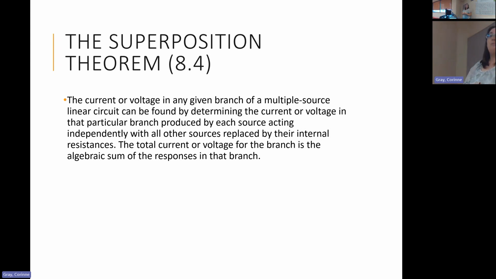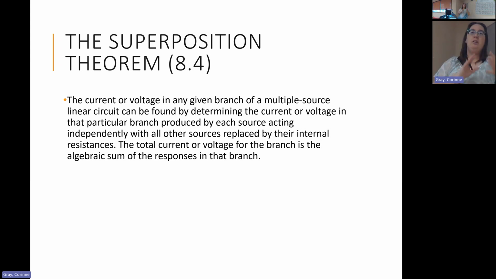So we will look at one source at a time, whether that's a current source or a voltage source. Once we have that, we find our current or our voltage across our particular resistor, which is typically what we're going to look at. Once we have all the values, we add them together.